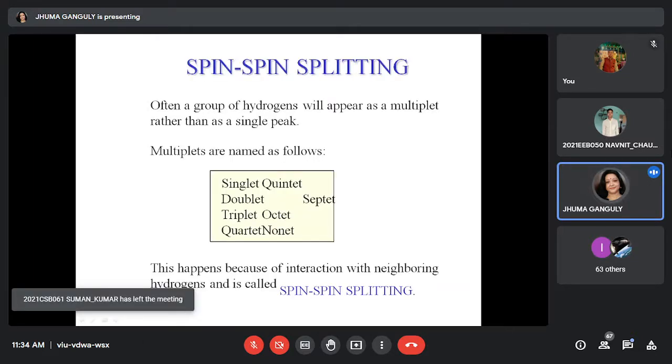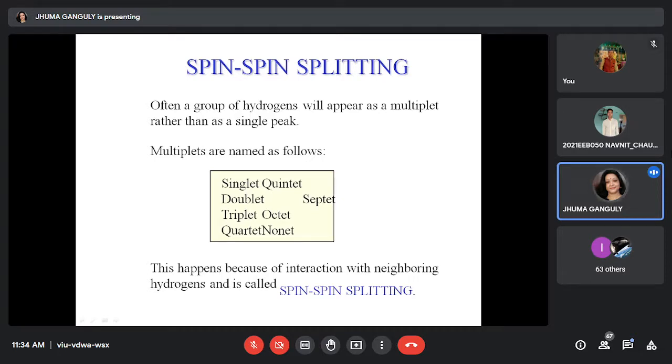Now spin splitting: often a group of hydrogens will appear as a multiplet rather than as a single peak, depending on the methyl, methylene, etc. Multiplets are named as follows. If there is one signal, we say singlet.